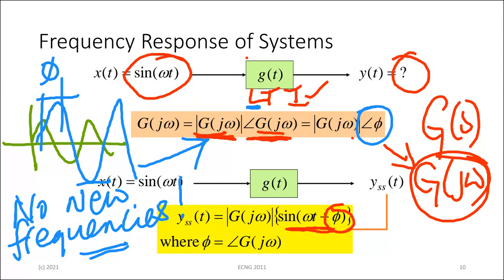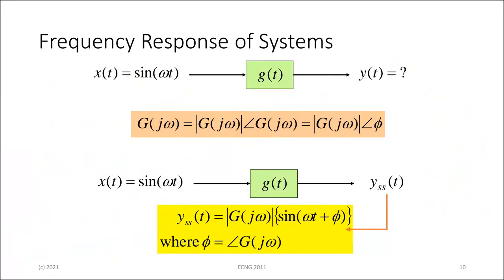All right, so if we are right on that, what does SS mean? Steady state. Right, you remember when you put an input into a system, you have two responses: a transient response and a steady state response.